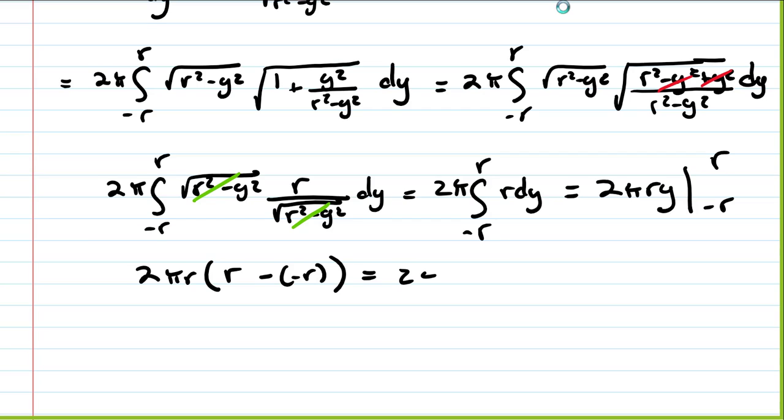So we get 2 pi r, and r minus a minus r is 2r. So that gives us 4 pi r squared, which we know from geometry is the surface area of a sphere, right? So we verified the geometric formula that we use, that the surface area of a sphere of radius r is going to be 4 pi r squared.